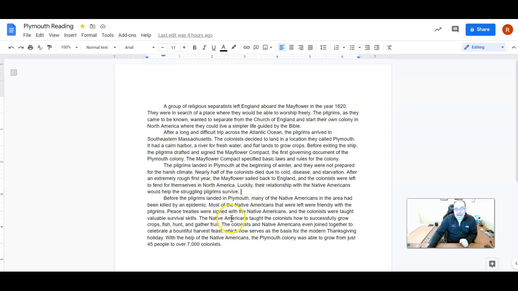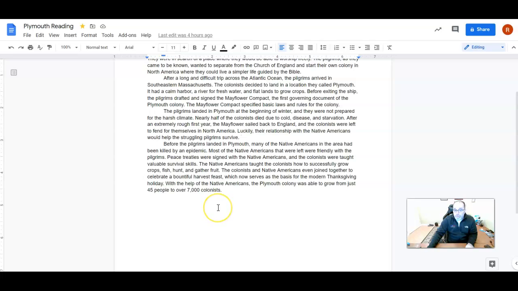Before the Pilgrims landed in Plymouth, many of the Native Americans in the area had been killed by an epidemic. Most of the Native Americans that were left were friendly with the Pilgrims. Peace treaties were signed with the Native Americans, and the colonists were taught valuable survival skills. The Native Americans taught the colonists how to successfully grow crops, fish, hunt, and gather fruit.